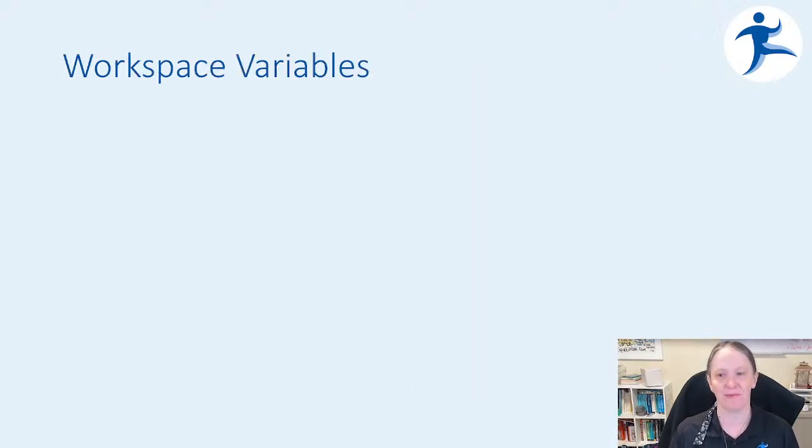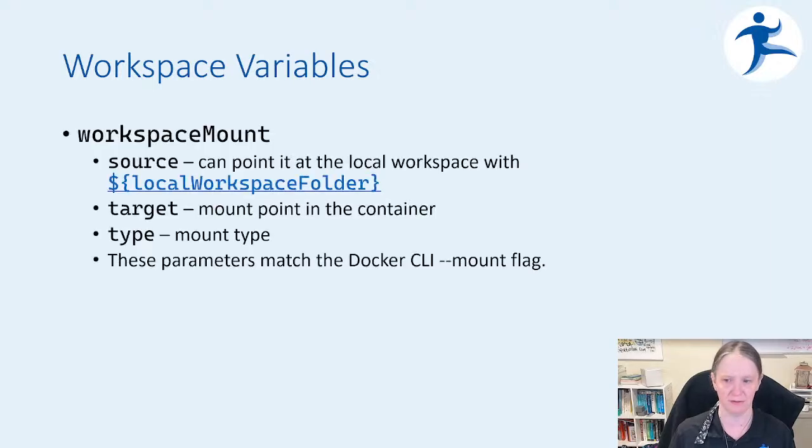So first, let's talk about workspace variables. Your workspace is where you're writing the code. Typically it's where your folder is for your project or your solution level. There are two different things to know about with workspace variables. There's workspace mount, that's the mount point.